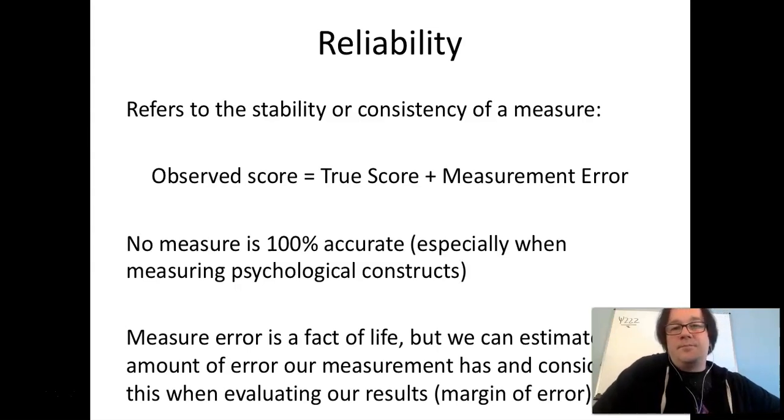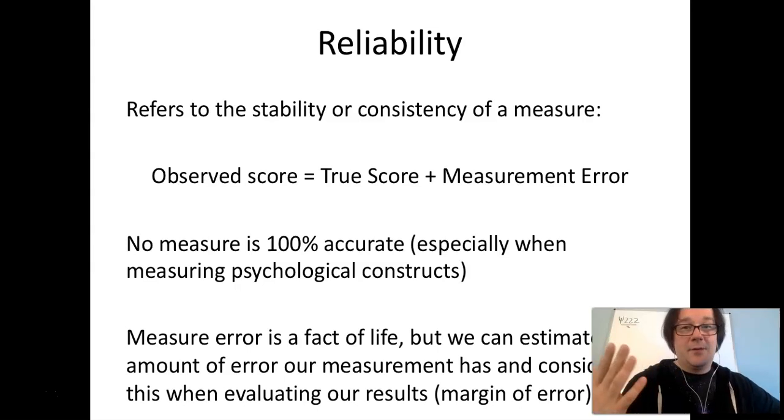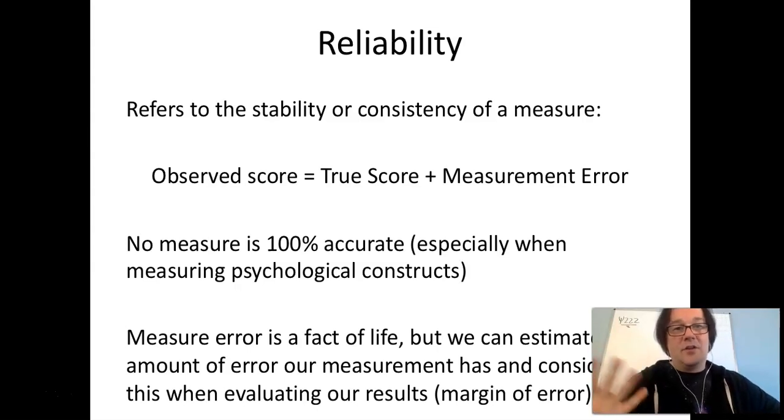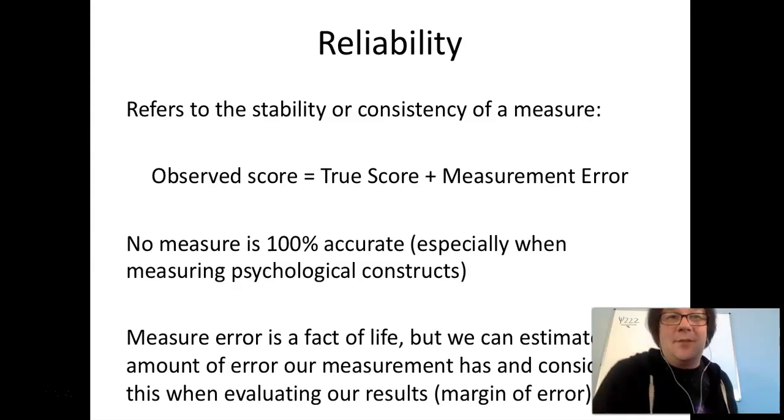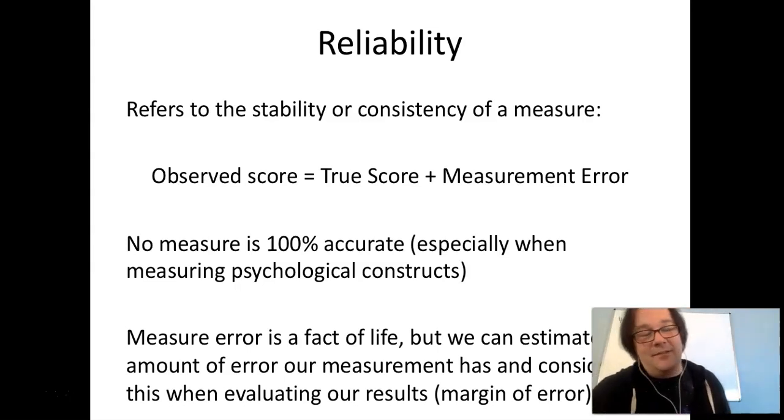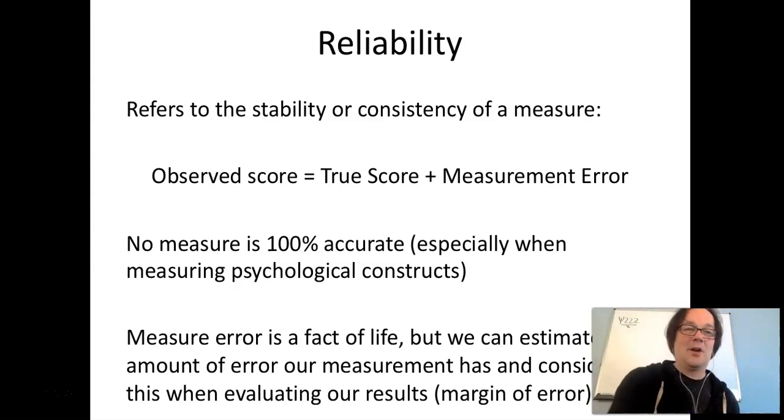No measure is going to be 100% accurate, especially when we're dealing with psychological constructs, people's emotions or feelings, or even something like physical pain. What is a 5 to you might be a 10 to me, especially when I'm sick. Even with a cold, I'm horrible.